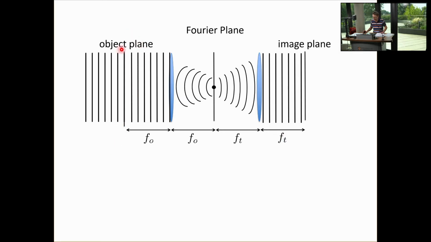In this coherent imaging case, a plane wave is turned into a plane wave exactly as we require, right? In this particular case. So going from the object plane to the Fourier plane, we are analyzing the frequency content of the object field. And going from the Fourier plane to the image plane, we are synthesizing the object information from its frequency components.